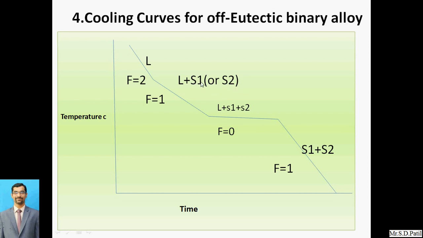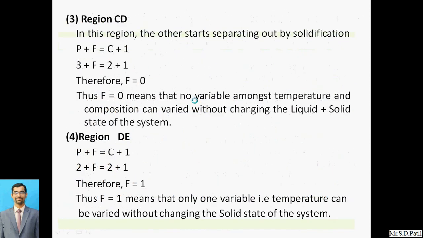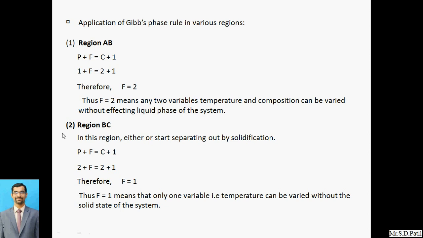It will be L plus S1 or L plus S2, depending on the melting temperature of that particular solid. And that's why in this particular region, P is equal to 2. C is equal to 2 because it is a binary alloy, and that's why the degree of freedom is equal to 1. That is, only one variable, that is temperature, can be varied without changing the state. So composition will not be varied.